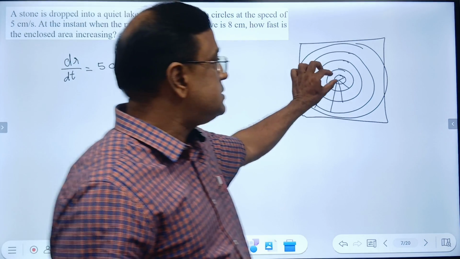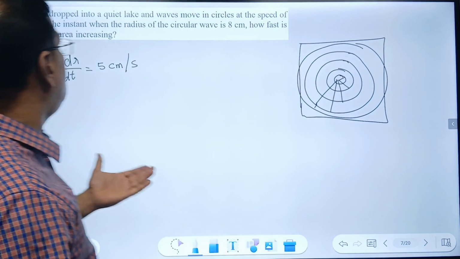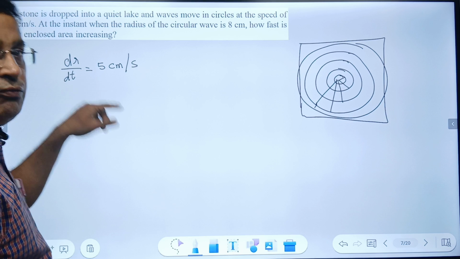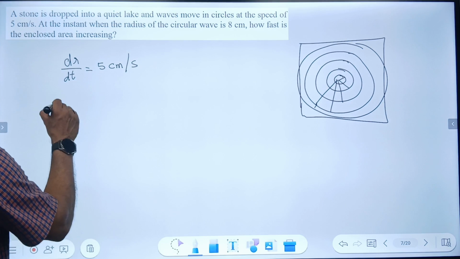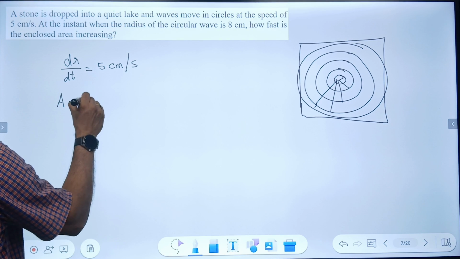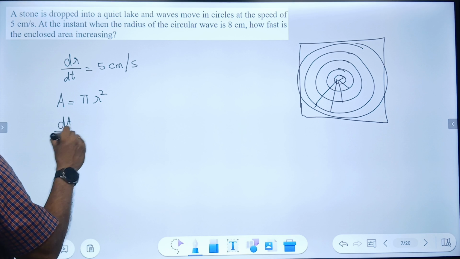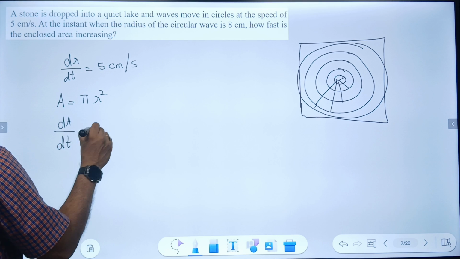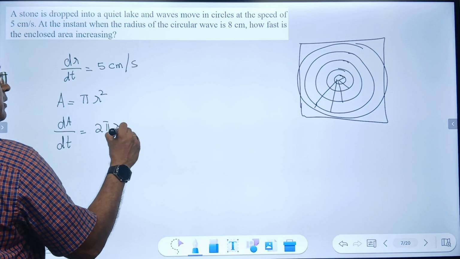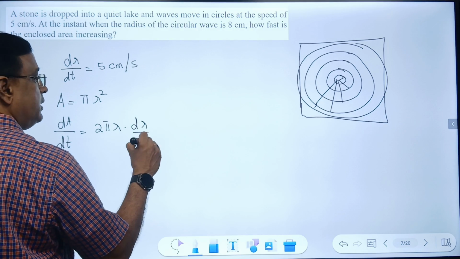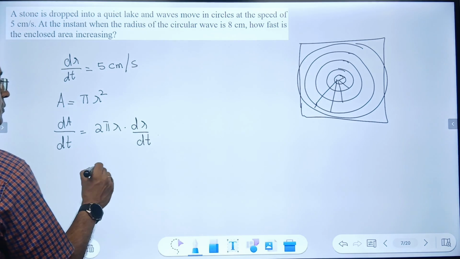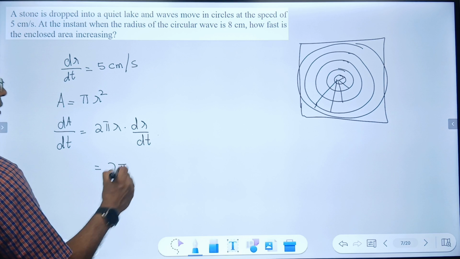So when the radius is changing, automatically the area will also change. He wants me to find that change in area. So what is area here? It is nothing but a circle. So what is dA by dt? dA by dt will be 2 pi r into dr by dt. Therefore this is 2 pi. What is r?